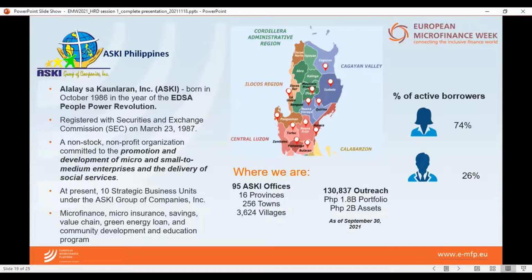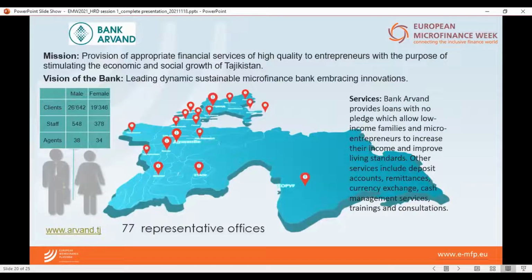I very quickly also move on to present the second organization. We have Sarvinos Ganyeva representing the bank, and she will engage in the panel discussion. Bank Arvand is a bank in Tajikistan, providing financial services of high quality to entrepreneurs with the purpose of stimulating the economic and social growth of the country.